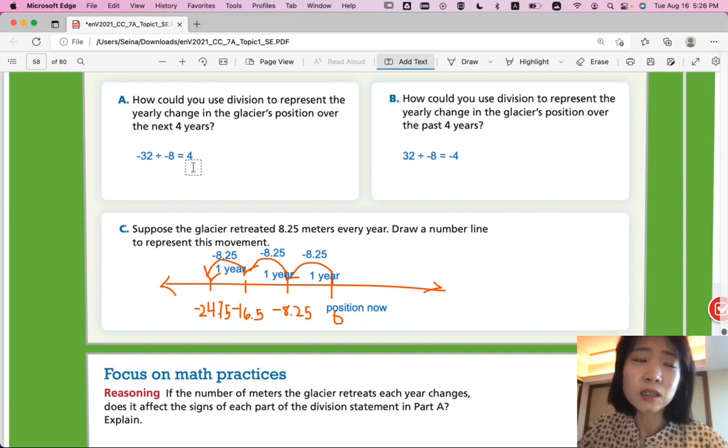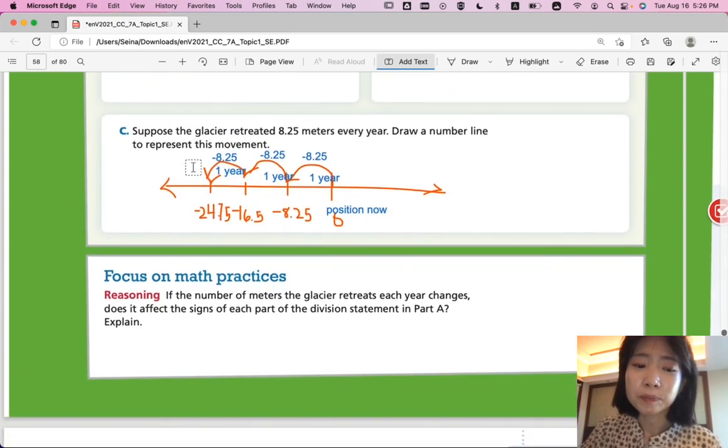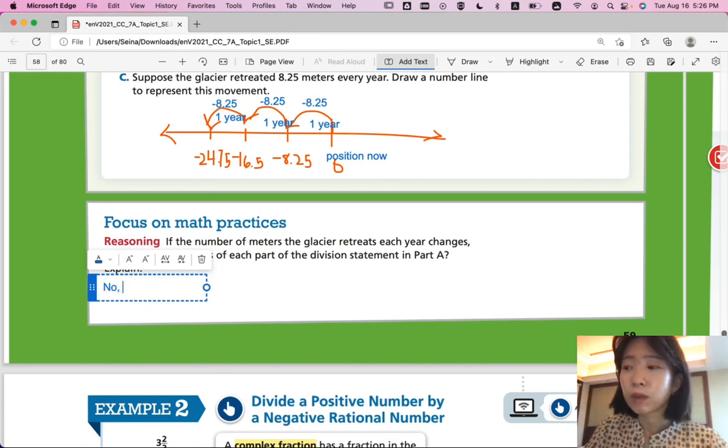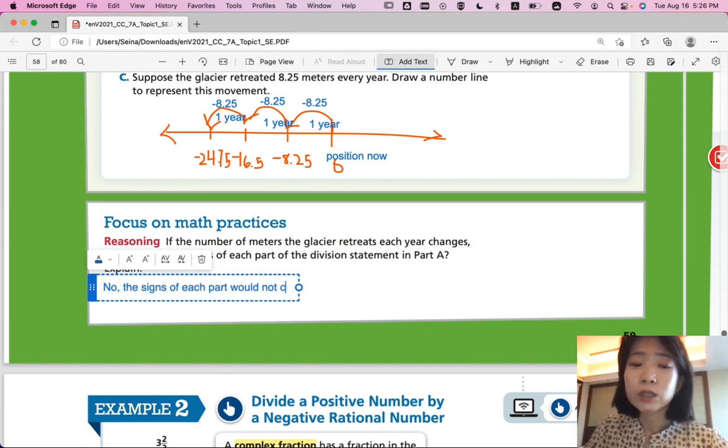Unless the glacier gets bigger and moves forward, it is still going to retreat and the change is going to be negative. So the answer is no. The signs of each part would not change because the glacier is still retreating.